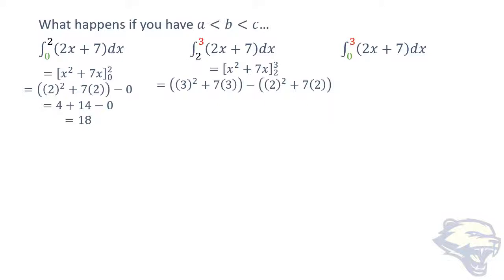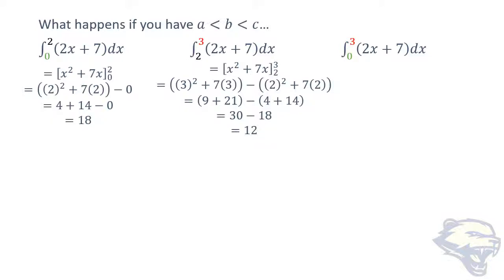All of that minus, plug in the 2, so 2 squared plus 7 times 2. Okay, so in the front, that's going to be 9 plus 21. In the back, 4 plus 14. Notice the 4 and 14 are back from before. So that gives me 30 minus 18. There's the 18 again from before. And that gives us 12.